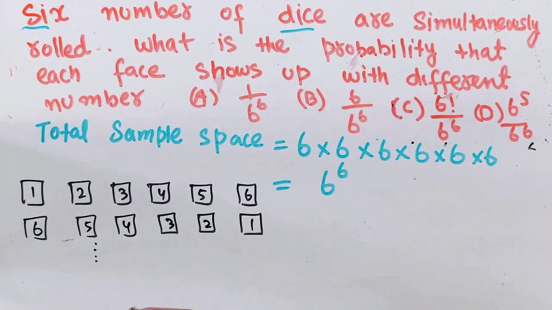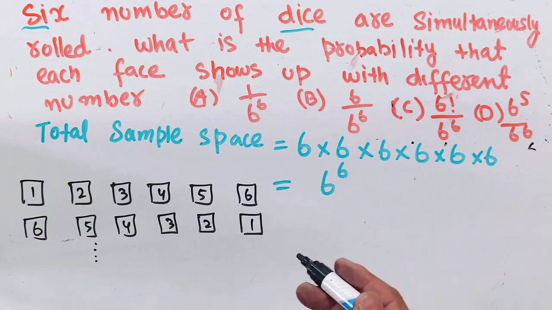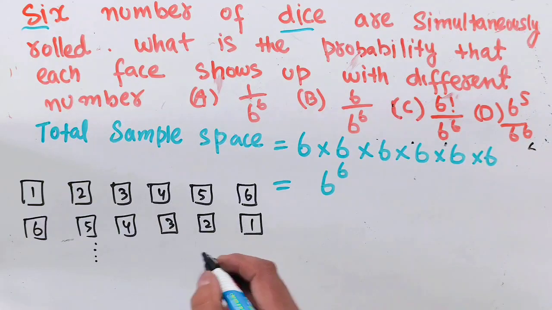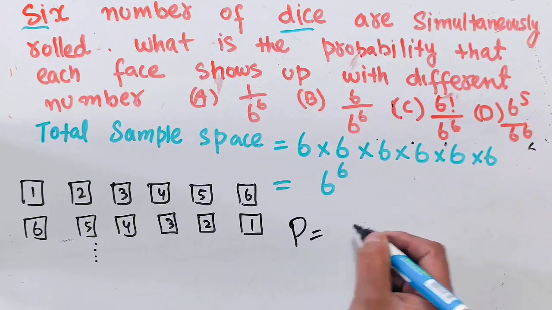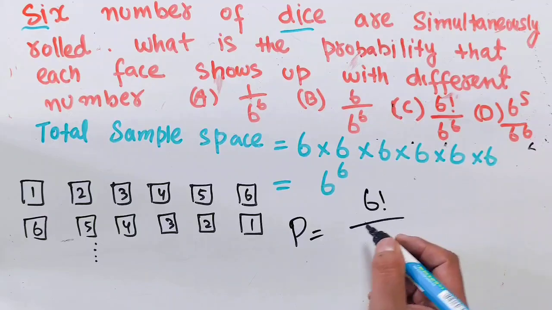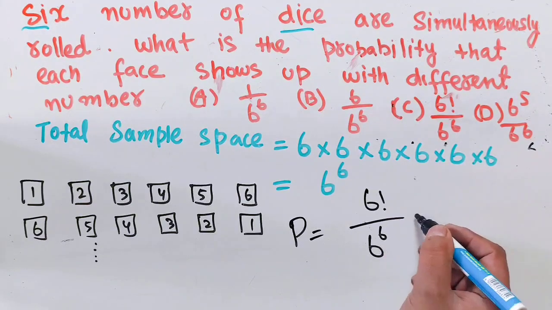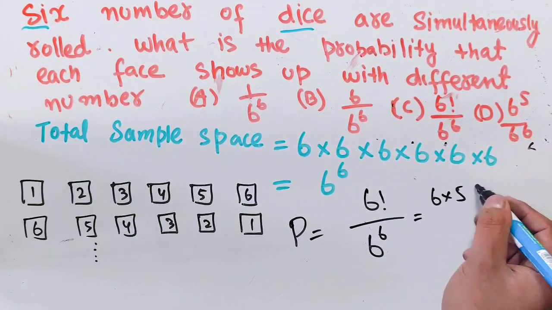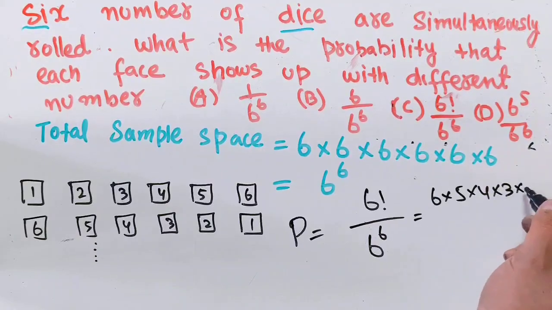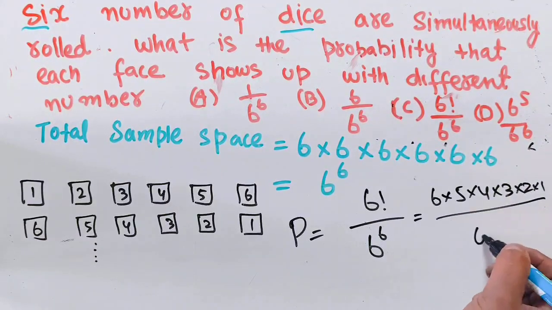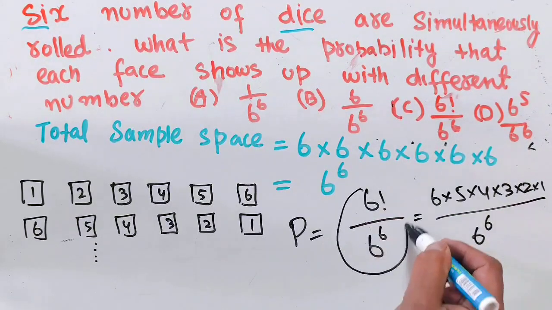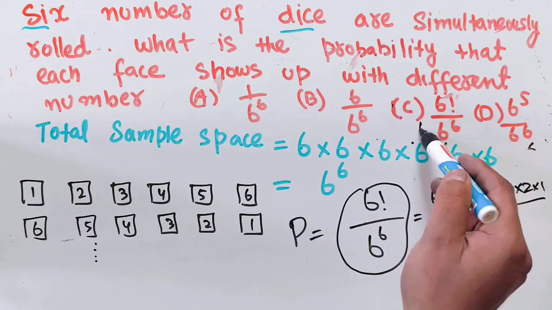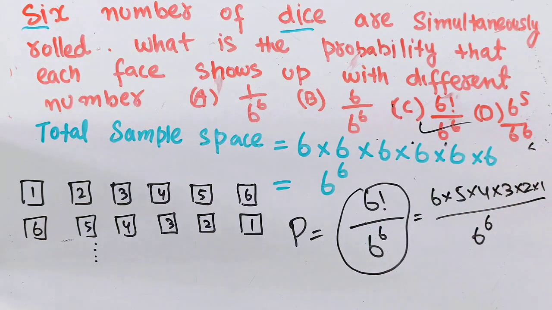So we need to find out the different orders. For that we simply use the factorial. Factorial gives us the number of different orders that we can get. That means our probability will be equal to 6 factorial divided by 6 raised to the power 6, or we can write it like this: 6 into 5 into 4 into 3 into 2 into 1 divided by 6 raised to the power 6. Since the answer is in this format, this option is correct.